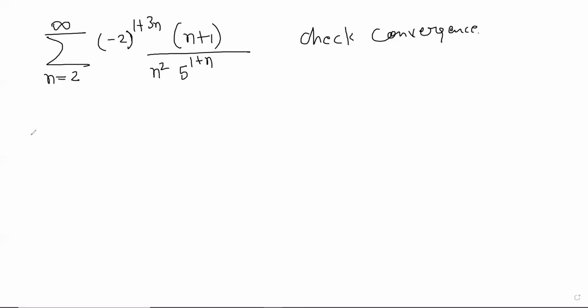So a_{n+1} is minus 2 power 1 plus 3n plus 3 into 2 square, 5 plus 2, minus 2 power 3n plus 4 into n plus 2. Sorry.